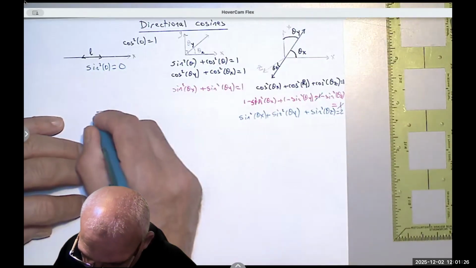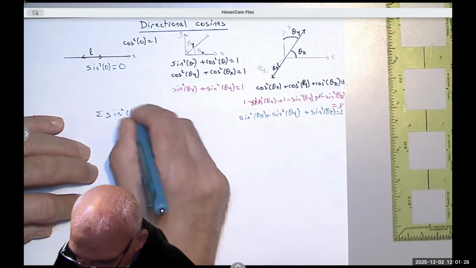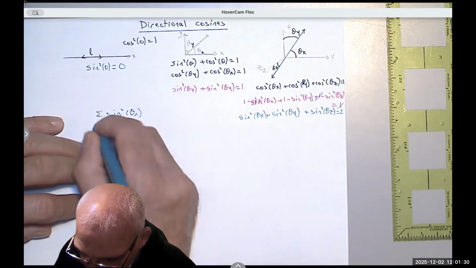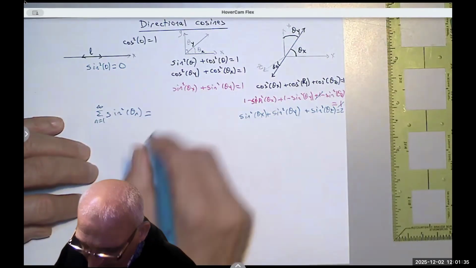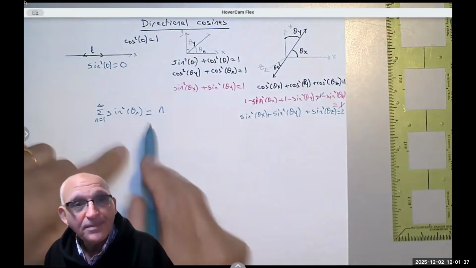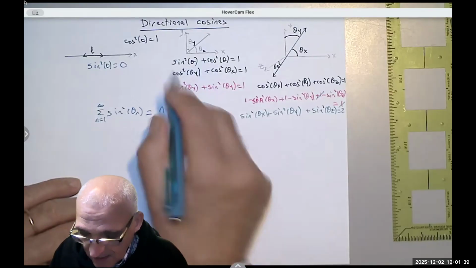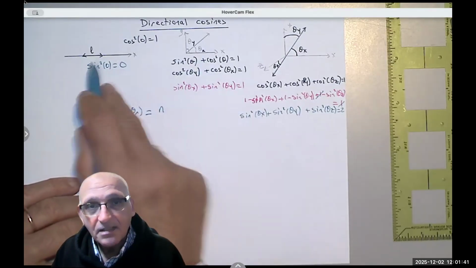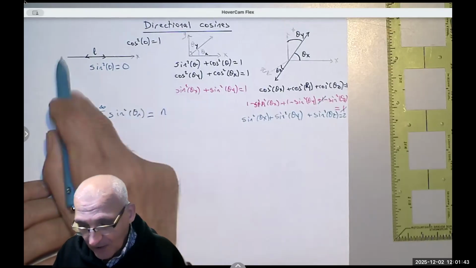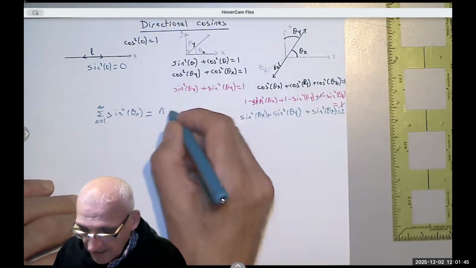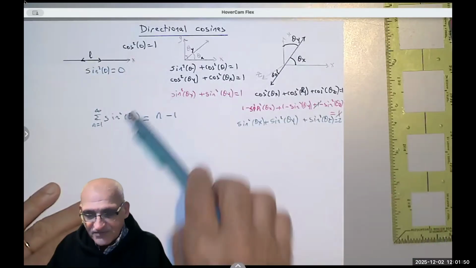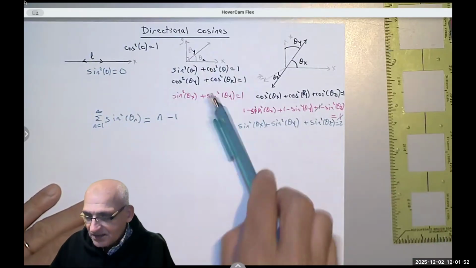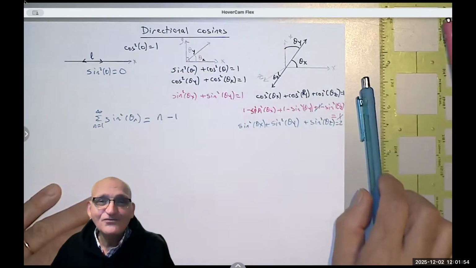The sum of the sine squares of theta sub n going from 1 to infinity equals n, which is the number of coordinates, minus 1. So if I am in 1D, the sum square of sine is 0. In 2D, it's 1. In 3D, it's 2, and so on and so forth.